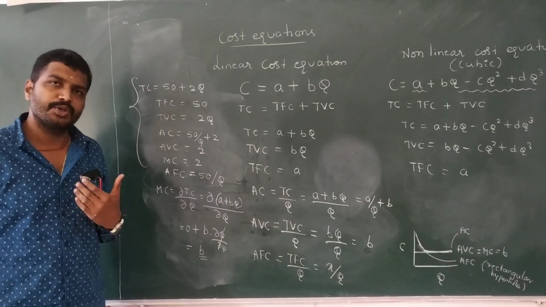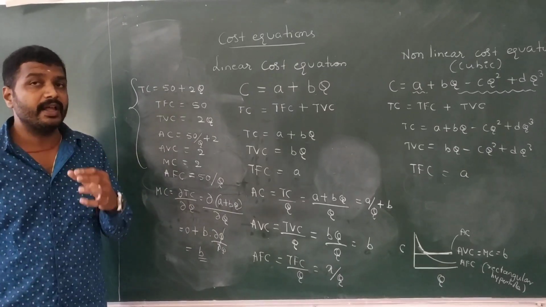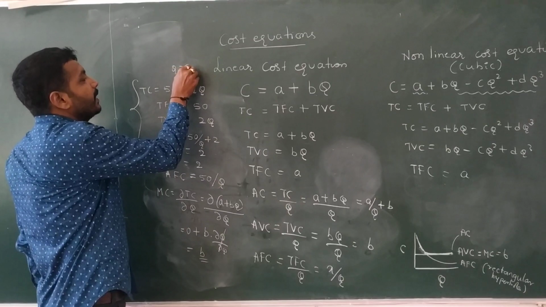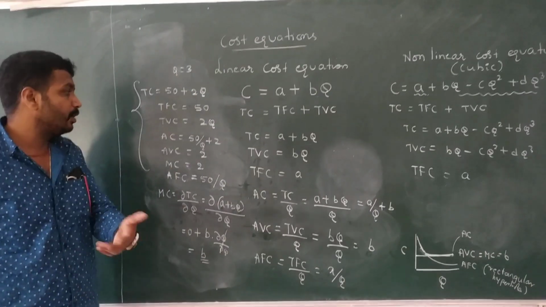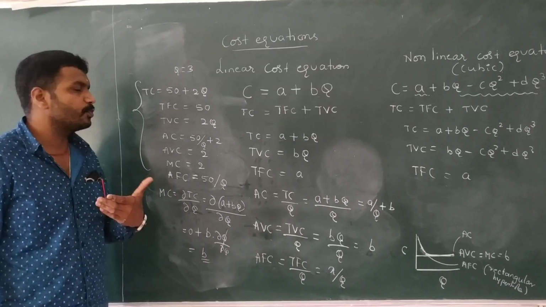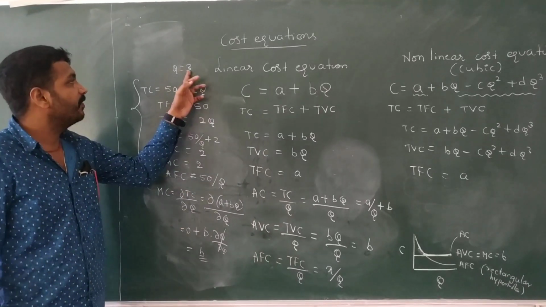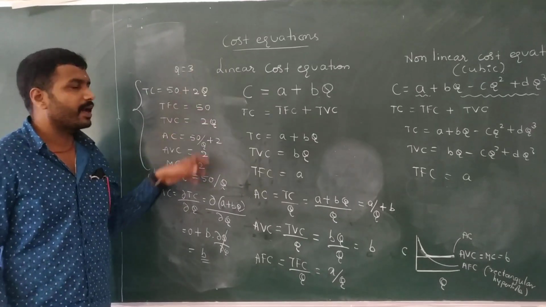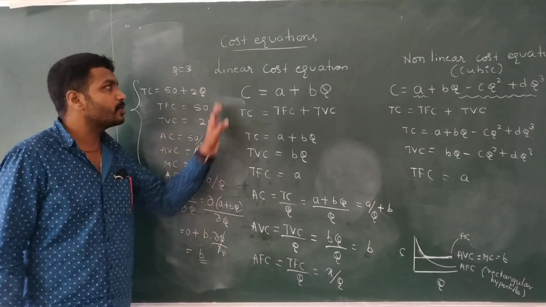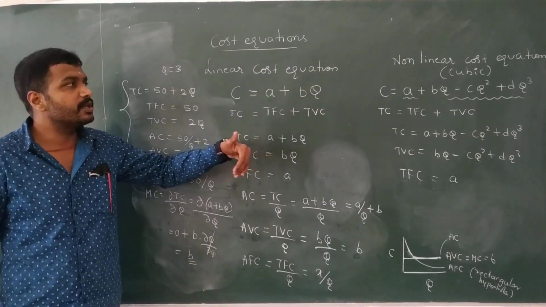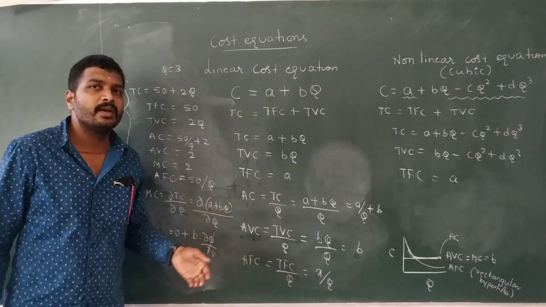You must be in a position to do it. Supposing they specify the value of Q, when Q is equal to 3, and ask the value of something, it may be TVC, then you should be in a position to tell the value of TVC. If Q is 3, then 2 into 3 is 6. That you should remember. This is all about linear cost equation. Next we will continue with non-linear cost equation.